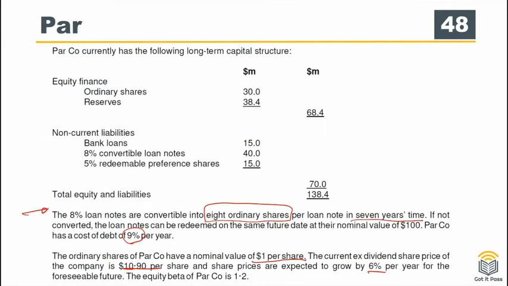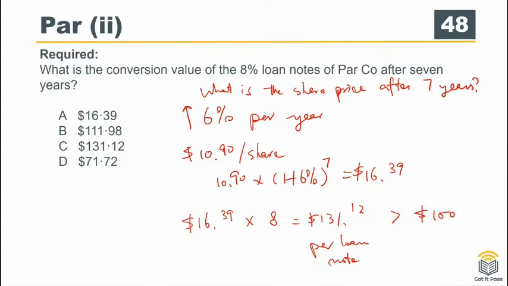Here it says that the loan notes can be redeemed on the same future date. If, for example, they don't convert into ordinary shares, then they can redeem them on the same future date at the nominal value of $100. So here the conversion will give a higher value as compared to the redemption of the loan notes.